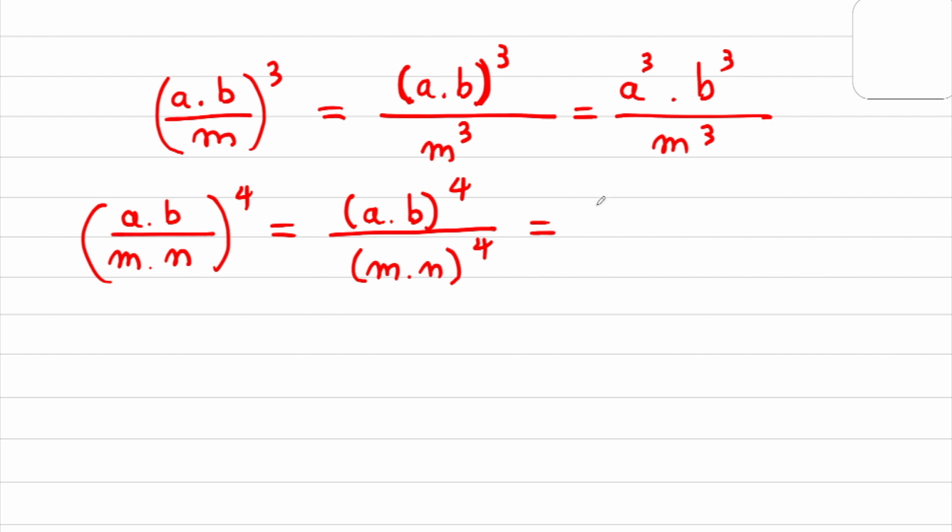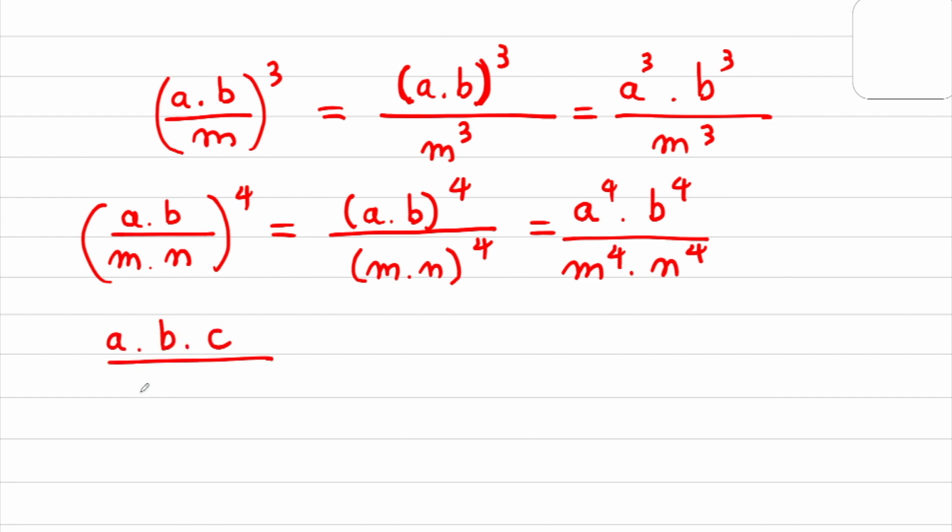And after that, you got the form of indices product. a to the 4 here and b to the 4 here, and you got m to the 4 here, and you got n to the 4 here. Yeah, okay, understand?